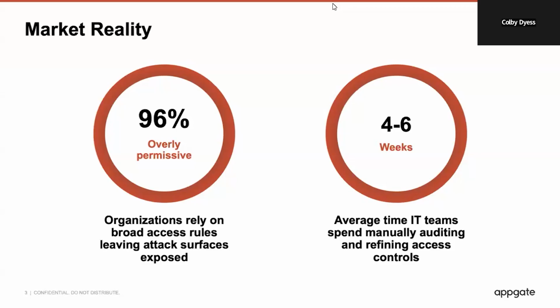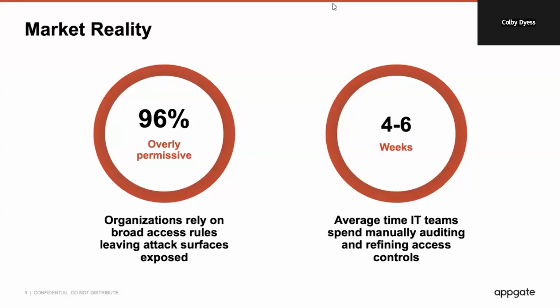When we asked customers how they would go about getting to more fine-grained access rules, what we heard most often was that these would all be manual processes that could take a minimum of 4 to 6 weeks just to establish a new baseline, just a new set of basic entitlements.